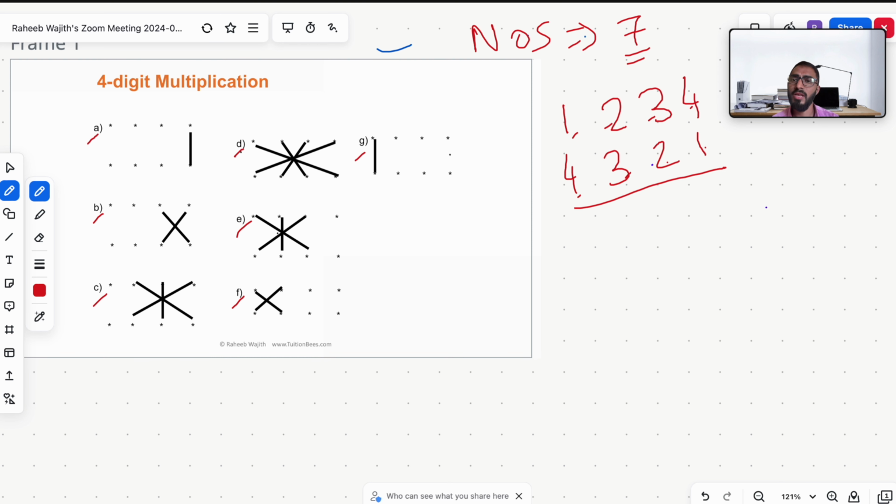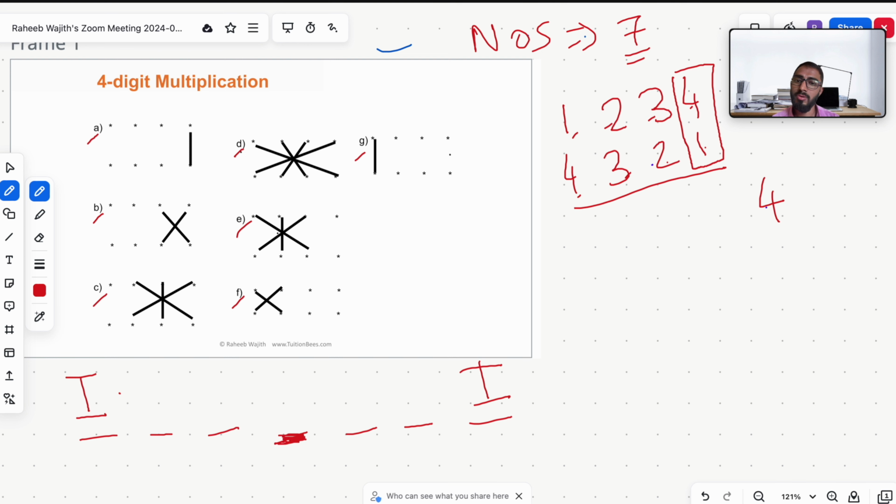So we begin with A, that is nothing but this particular step, 4 into 1, that will be A. So you can write the number of steps like this: 1 2 3 4 5 6 7. As I said earlier, don't forget to mark these two extremes. Now this is the centermost step.